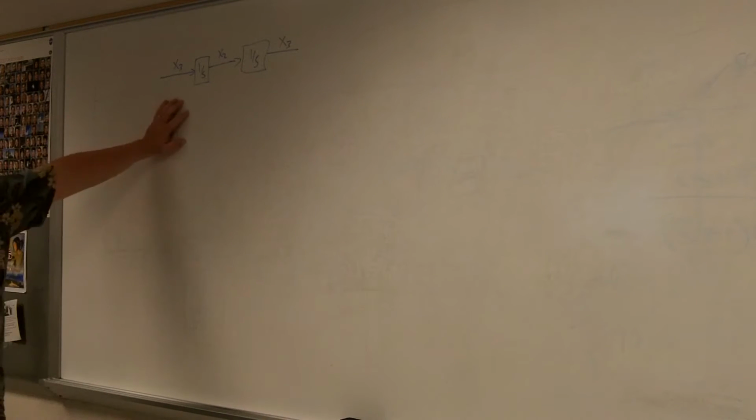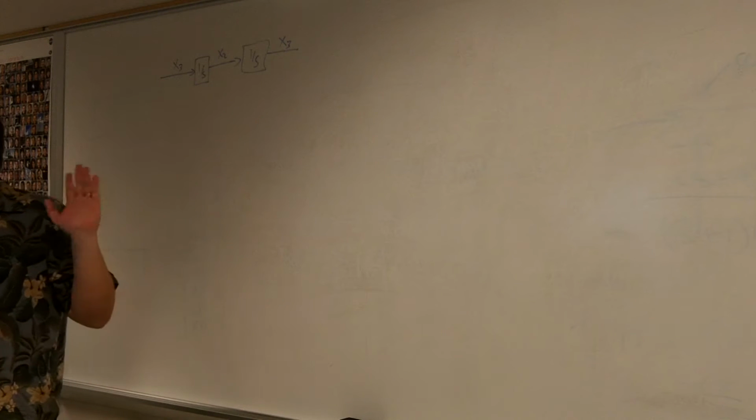Now, what does that imply to you when you see the 1 over s? In what time domain? Integrated. I've integrated. This is telling you a chain of integration. That's a fairly comfortable thing.